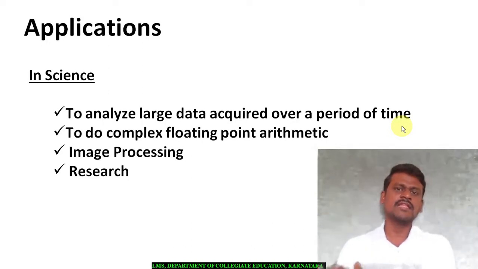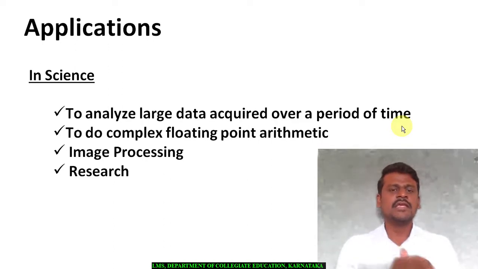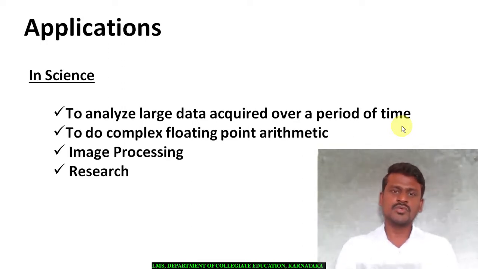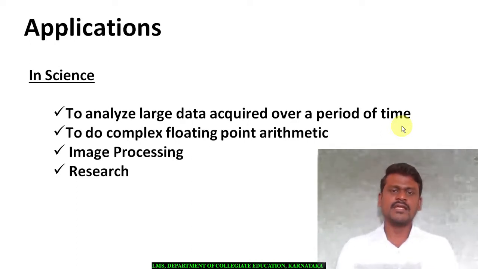But to make the analysis manually, if we give it to a human to analyze, that person will take months to analyze the data. But if you give that same data to the computer, it will give you the analysis within a fraction of a second, right?